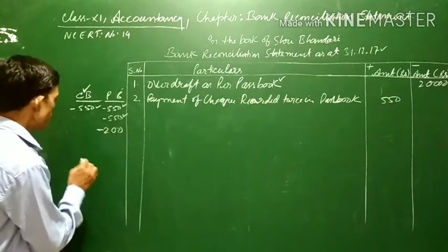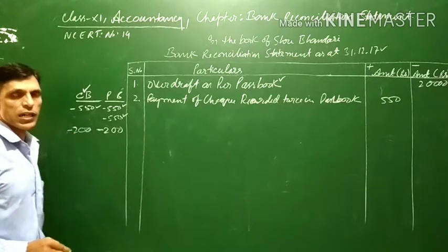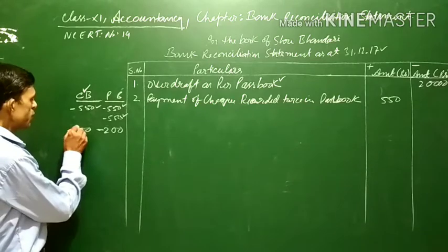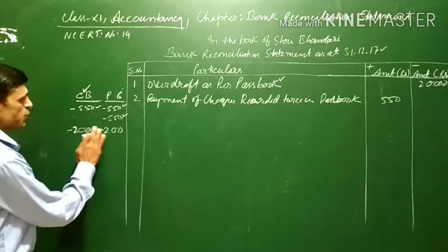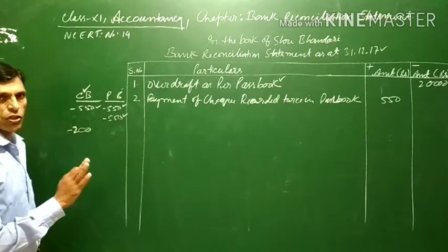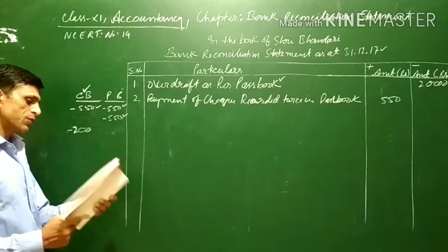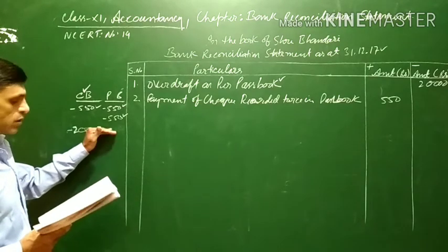But in the cash book, what will happen? 200 lesser balance will be reflecting in the cash book. Here the passbook has been undercast, but the cash book is not undercast.